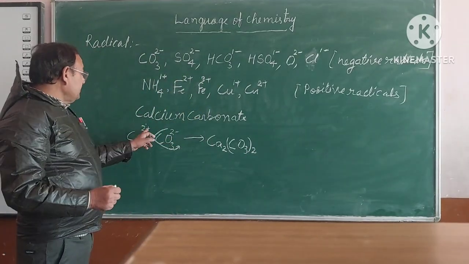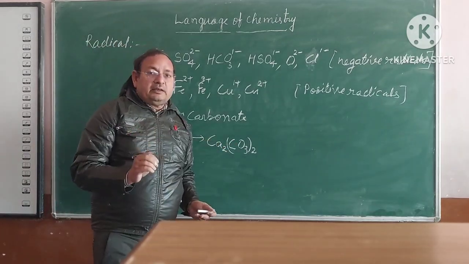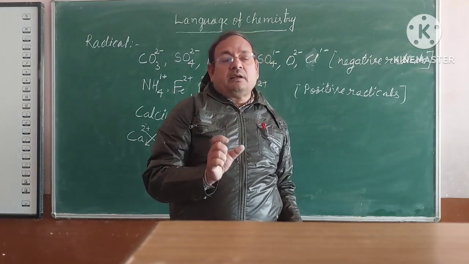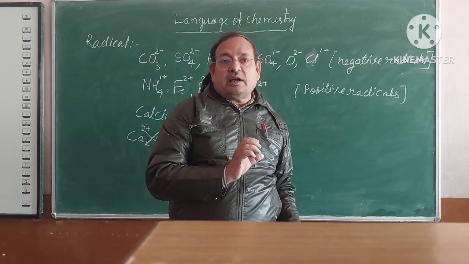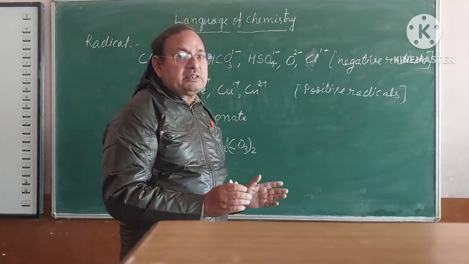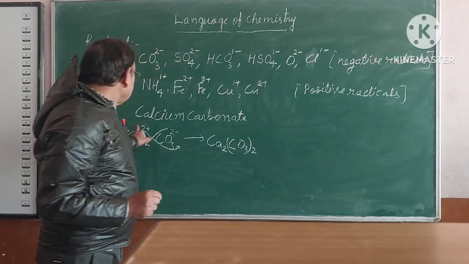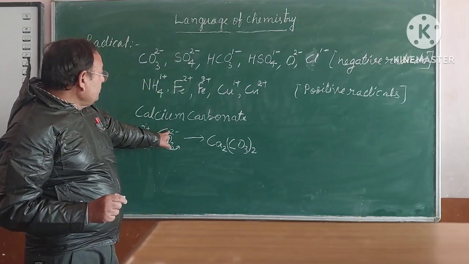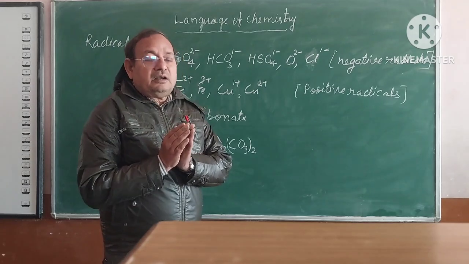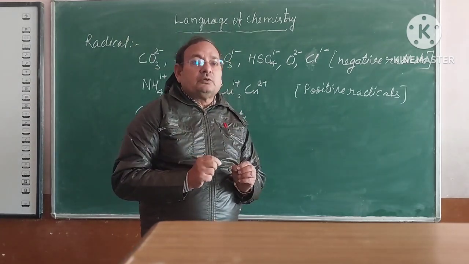And we are not writing the plus and minus in this because the molecule is electrically neutral. Any molecule of compounds has no charge because the total charge is 0. It means 2 unit positive charge and 2 unit negative charge; on addition it becomes 0.